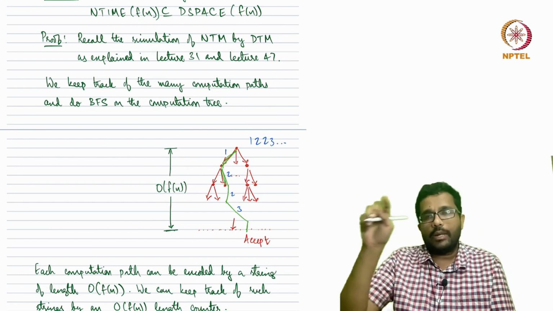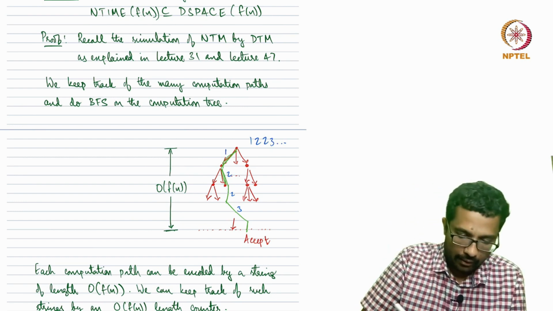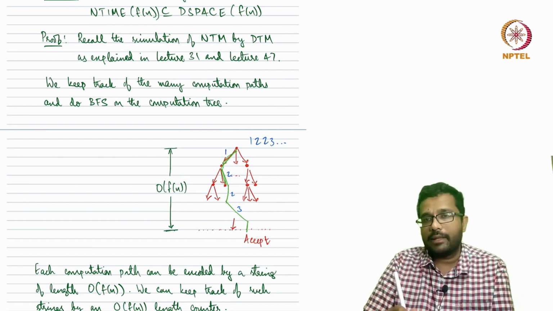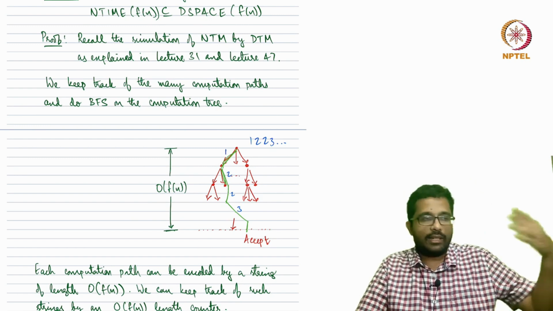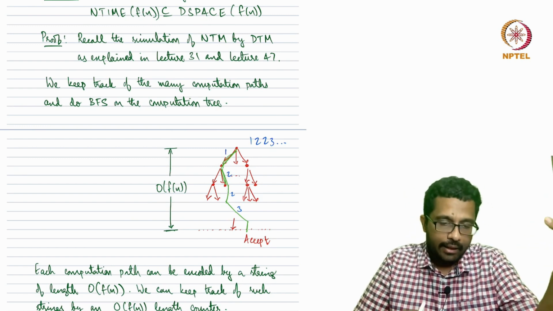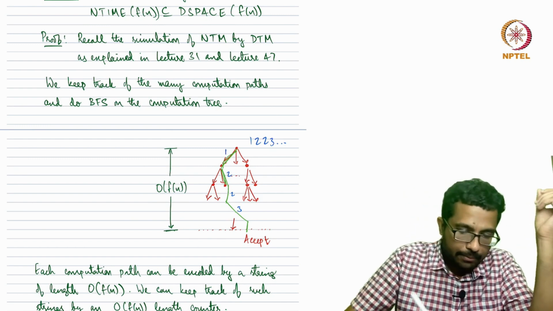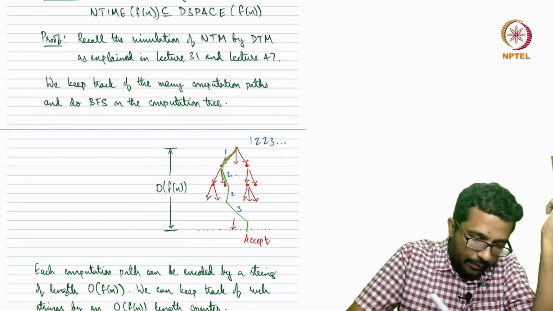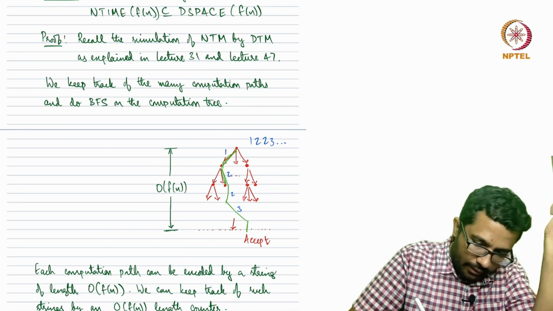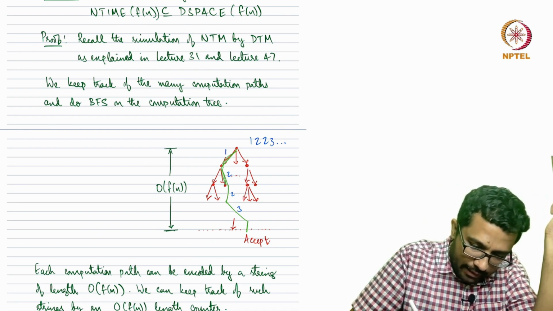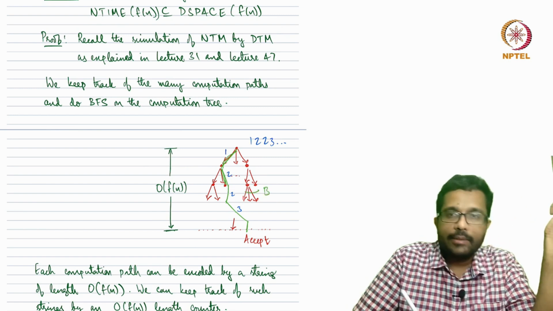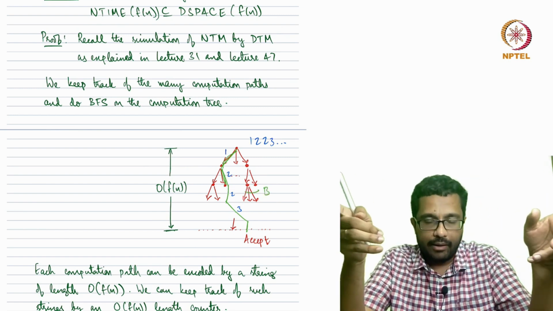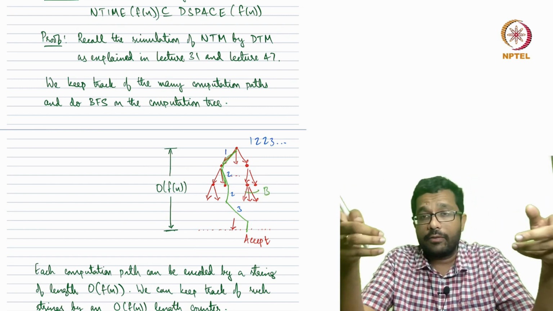So you have a counter that can track which computation path it is, and we keep cycling through the counter, right? The number of symbols in each of these positions will be upper bounded by the branching factor, right? There will be some branching factor b, which is the maximum number of children any configuration can have.